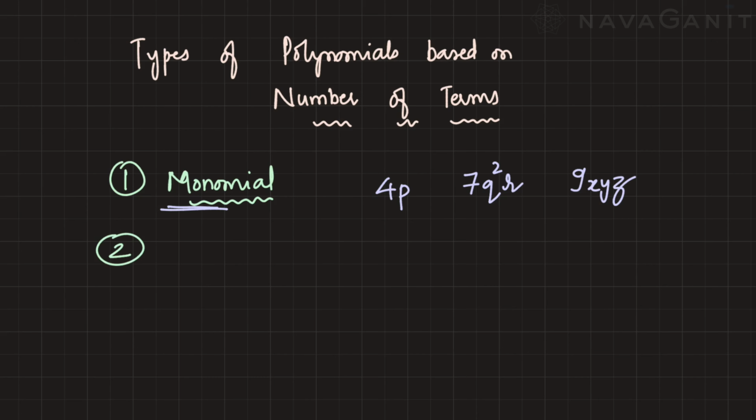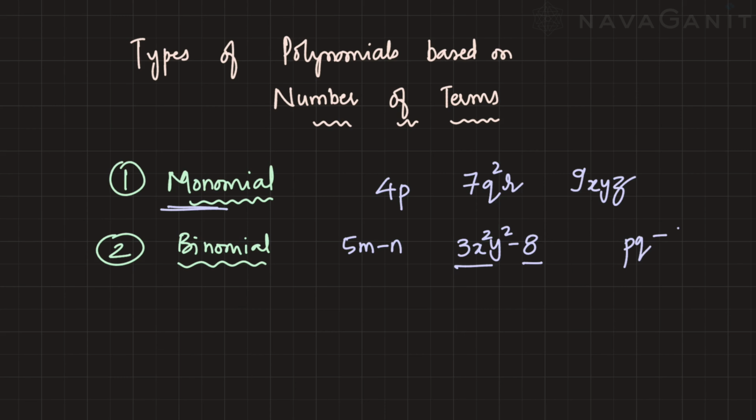Next we have a binomial. A binomial has two terms. So it's a polynomial with two terms. For example, 5m minus n is a binomial. 3x squared y squared minus 8 is a binomial because we have two terms. pq minus 4q is a binomial because again we have two terms.